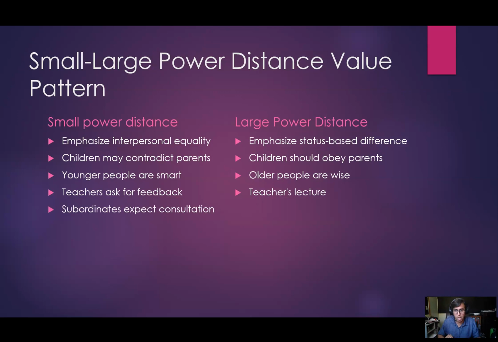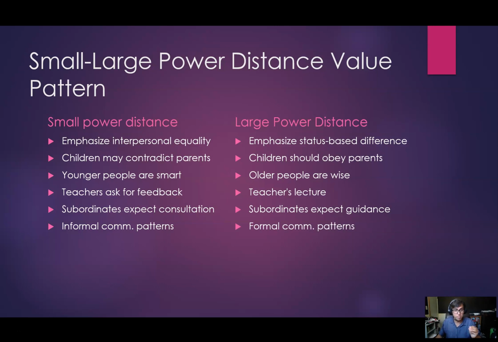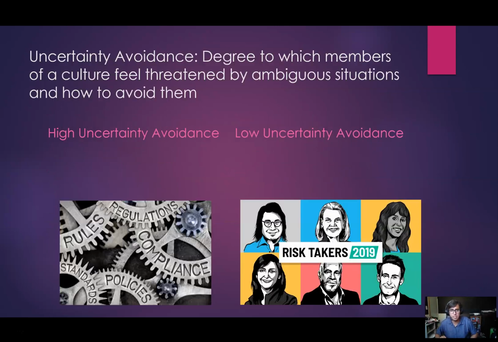Subordinates expect consultation, whereas subordinates expect guidance. Informal communication patterns with those of higher power, formal communication patterns with those who do have those large power distances. So as you can see, there are many differences in how we interact when we have these different mindsets.